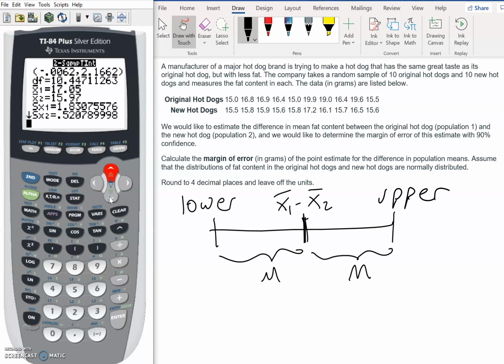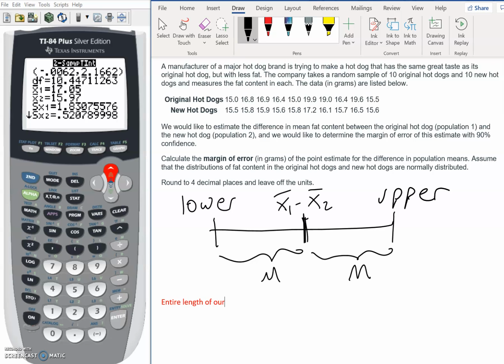However, again, this is the fastest, most efficient way to do this: look through and say, okay, what's the entire length of our interval? Well, that's the distance from the lower bound to the upper bound. So usually we would just subtract. We would say 2.1662 minus negative 0.0062.